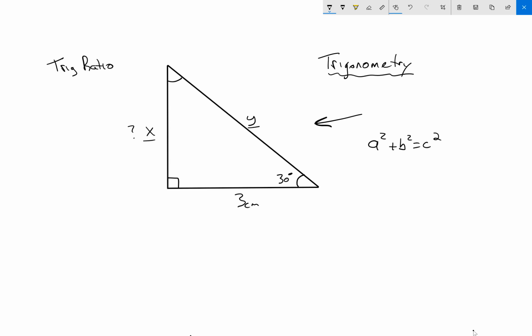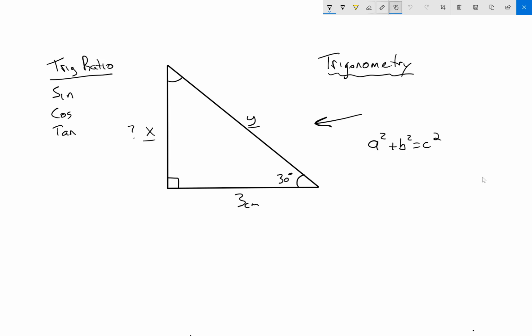Let's call that one y and this one x, for all of these side lengths, okay? And the trig ratios that we have, you might have heard of them. You've seen them maybe on your calculator before. It is sine, cos, and tan. All right, so that's a little bit of an introduction to what trig ratios do, and I'm going to take you through a bunch of examples to get you comfortable with using them.